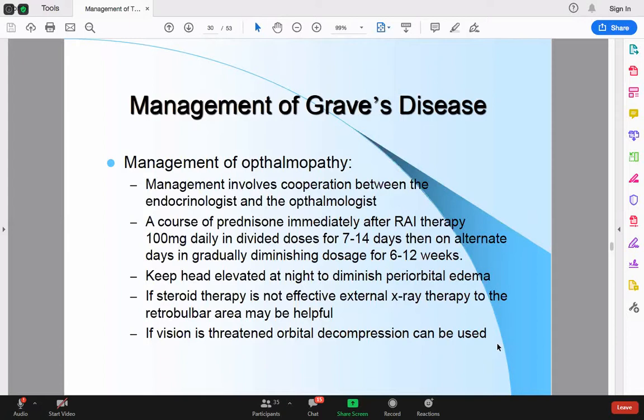So you give the radiation, you give the steroid, because giving the radiation without the steroid may worsen the eye symptoms. So it's something you don't want to happen. So basically we give them together. So if anyone has eye symptoms, they should be evaluated by ophthalmology, and they should get a course of steroids along with their radiation treatment.